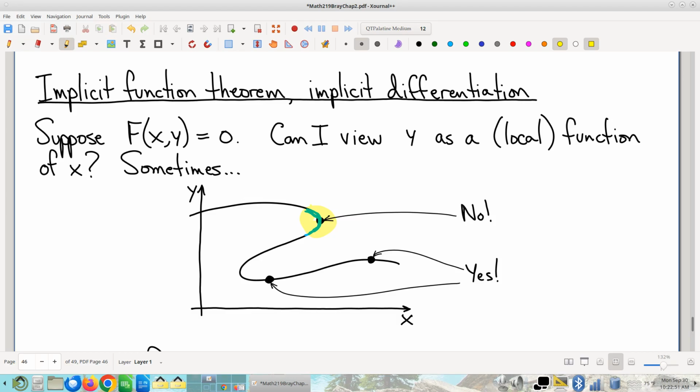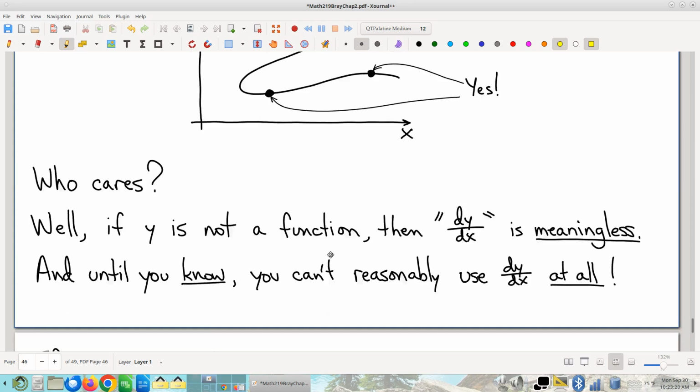So I cannot even ask the question of what is the derivative here, because this isn't a graph of some function. We take derivatives of functions. Right? Does everybody see the point? So not only can I not compute dy dx, I can't even ask what is dy dx. I can't even talk about dy dx. It's not a thing. Okay, all right, so that was the big point of why we start this whole process.